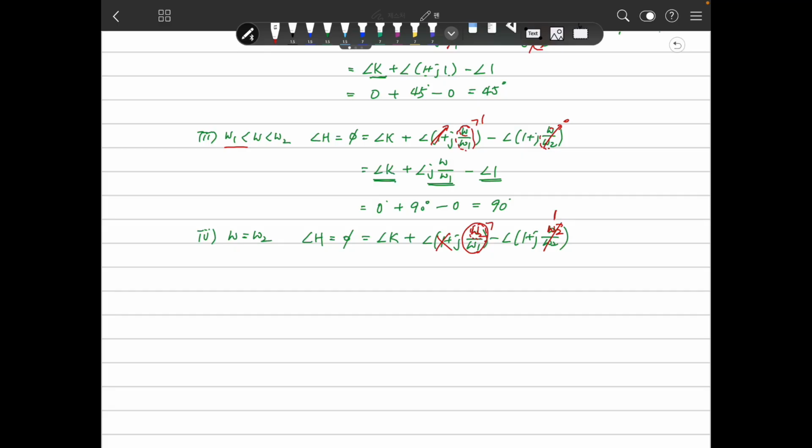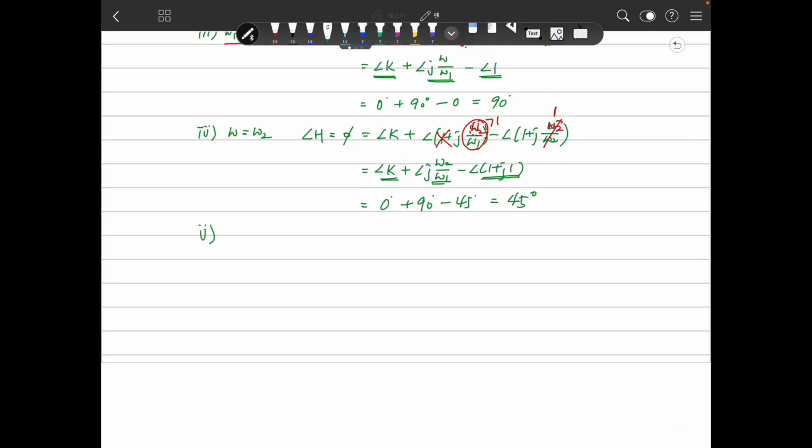So we can rewrite here K plus J omega 1 omega 2, minus 1 plus J1. So this is a real number, 0, and this is an imaginary number, 90. This is 45 minus 45 degree, so there is 45 degree.